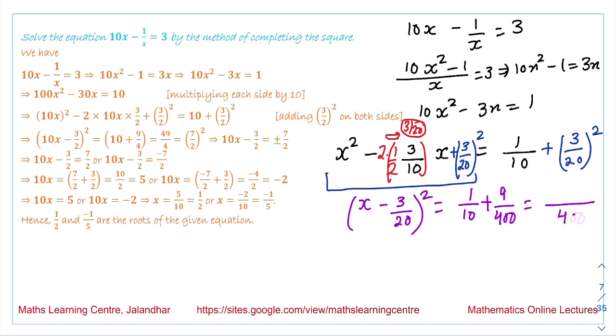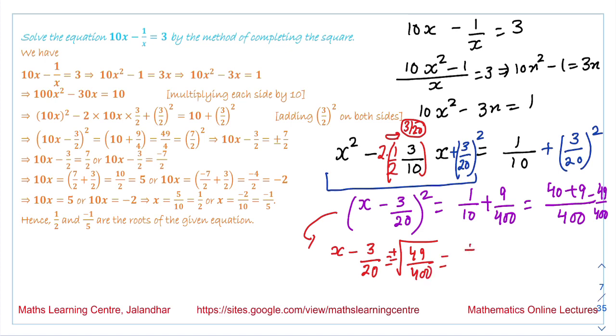We take the LCM as 400, so we get 40 plus 9, that is equal to 49 by 400. So what we get from this is x minus 3 by 20 is equal to plus minus square root of 49 by 400, that is equal to plus minus 7 by 20.